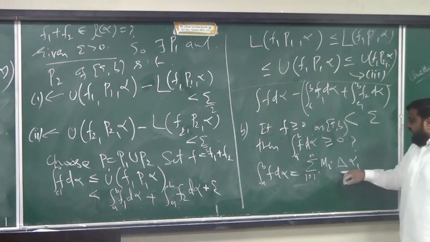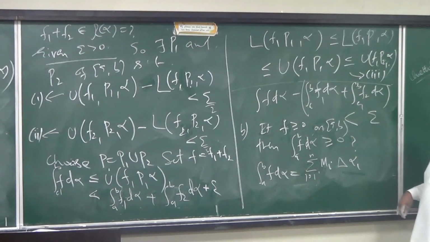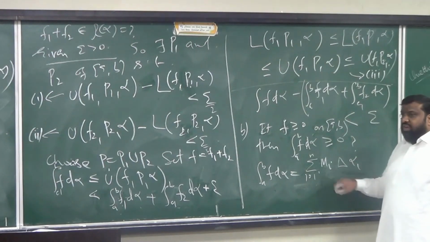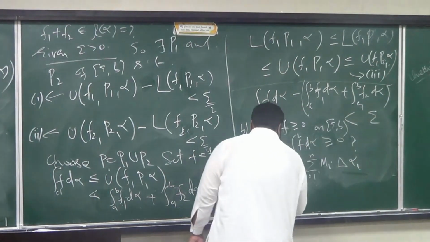So delta alpha_i is always non-negative. Why? Because alpha is monotonic, so there is no trouble with it. So the only thing that we have to take care of is m_i. Here we say monotonic means increasing.